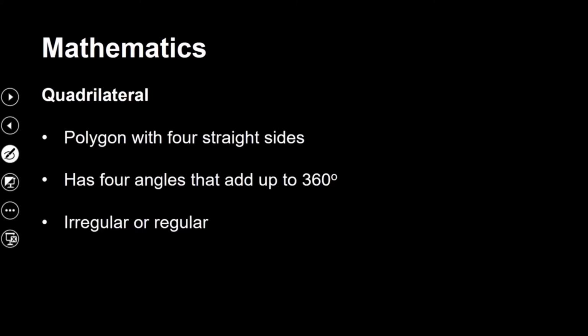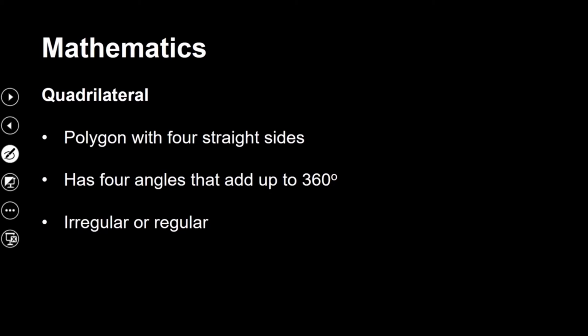Now, our big idea right now is actually to look at a quadrilateral, right? A quadrilateral is a polygon that has 4 straight sides joined together. So a polygon with 4 straight sides has 4 angles that add up to 360.